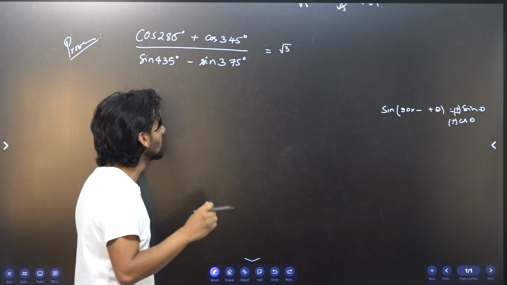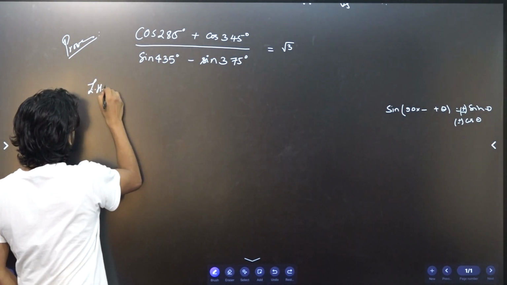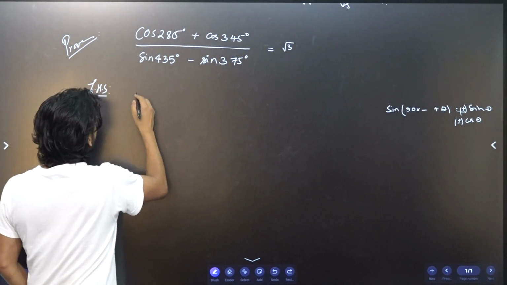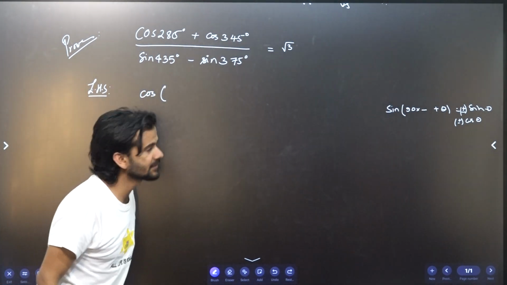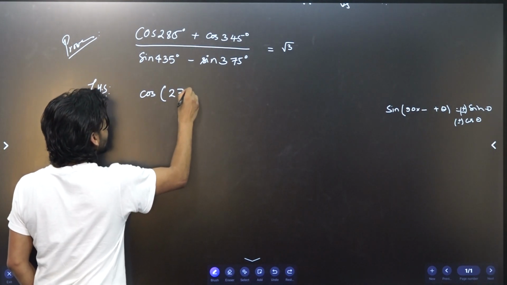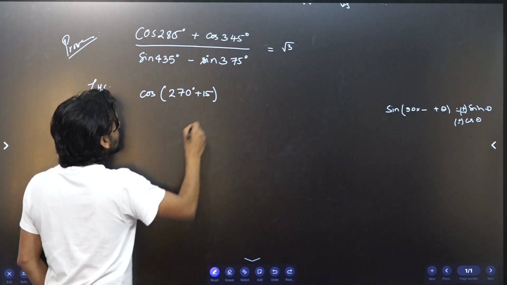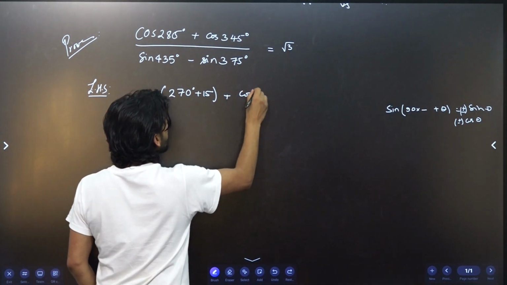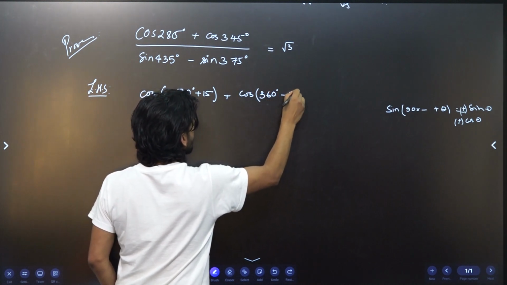So, LHS: cos 285 can be written as cos(270 plus 15) degrees plus cos(360 degrees minus 15 degrees).